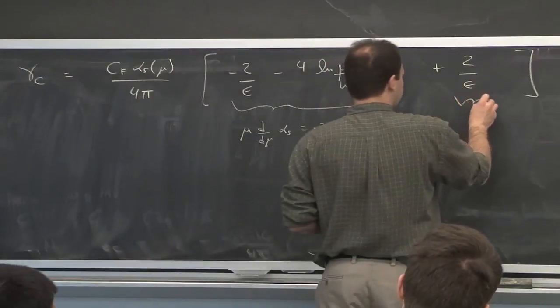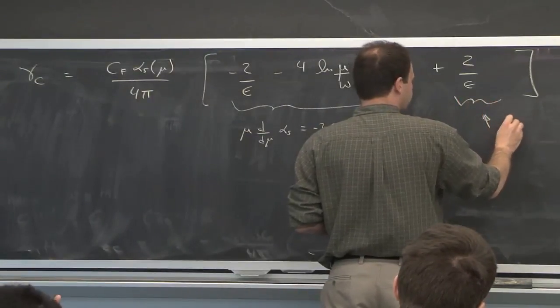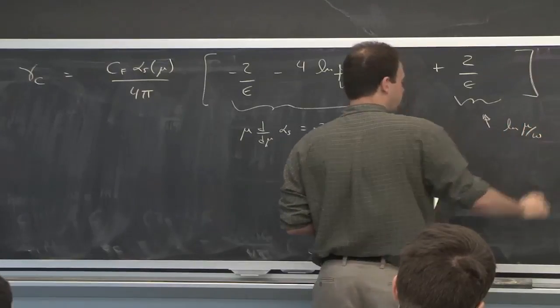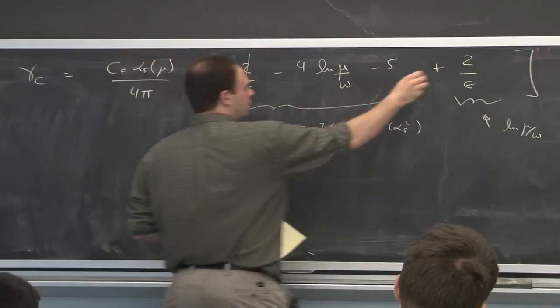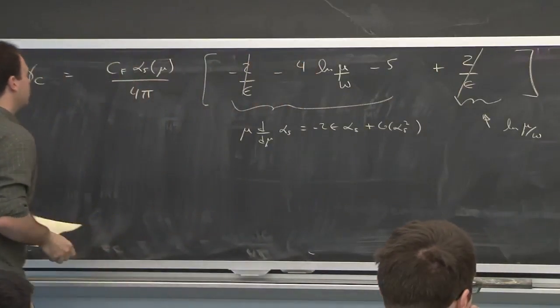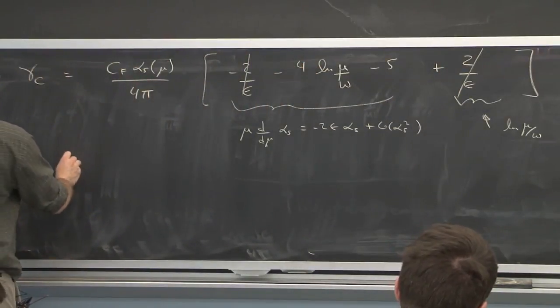And then this guy comes from explicitly differentiating the explicit log mu over W. The divergent terms cancel, and we're left with a finite anomalous dimension.